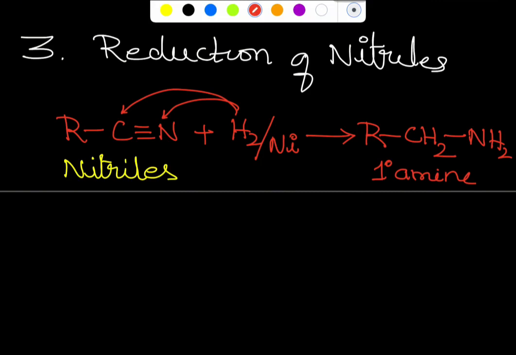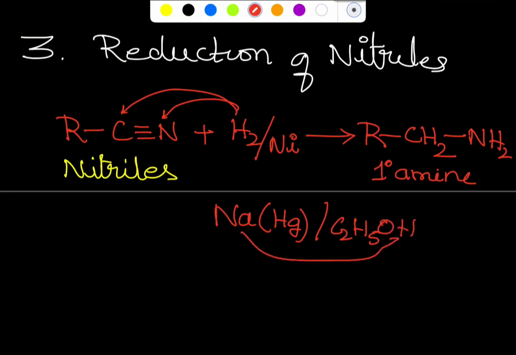There is another reducing agent called sodium amalgam. Sodium makes an alloy with mercury, which is called sodium amalgam. Just put ethanol and heat it. Sodium makes the ethanol liberate nascent hydrogen, which can act like a reducing agent.